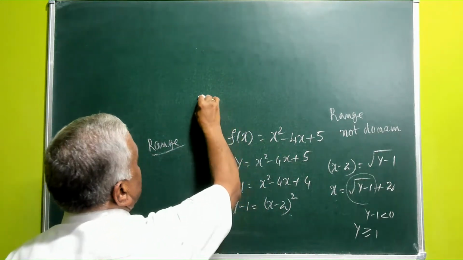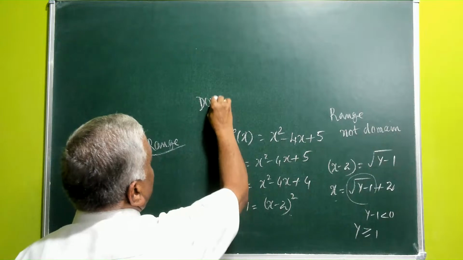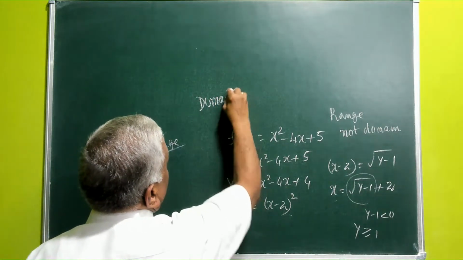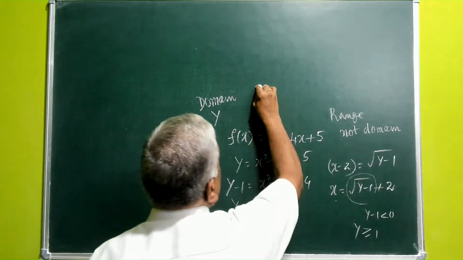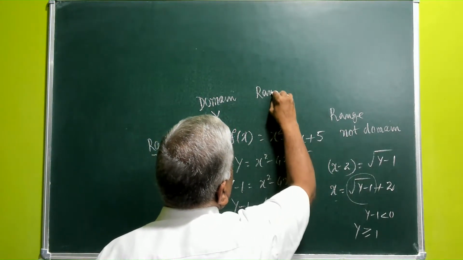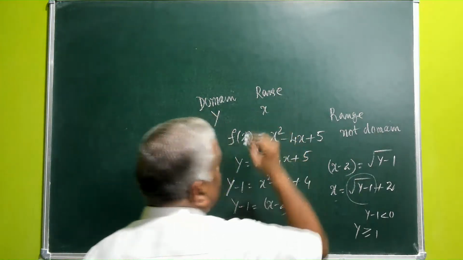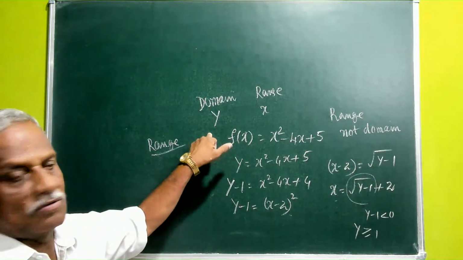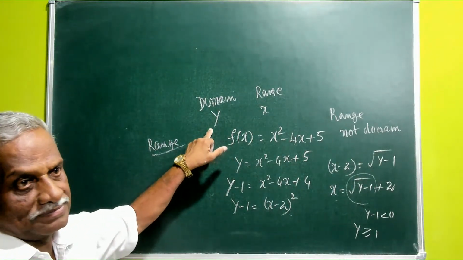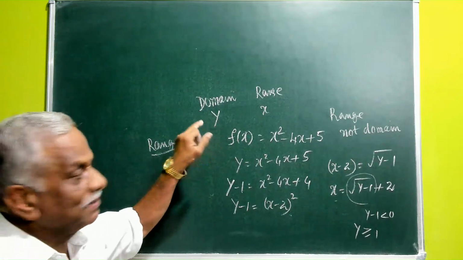Whenever they ask a domain, just remember this: find an expression for y. Whenever they ask the range, find an expression for x. For domain, you have to find an expression for y because of limitations on y.